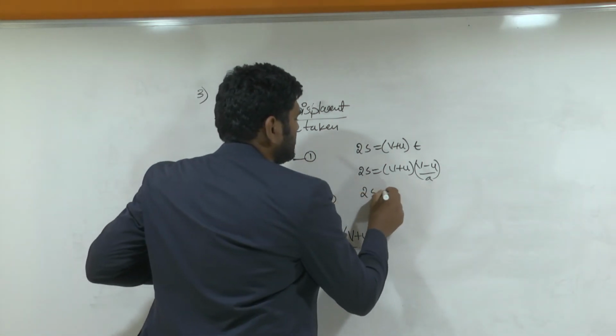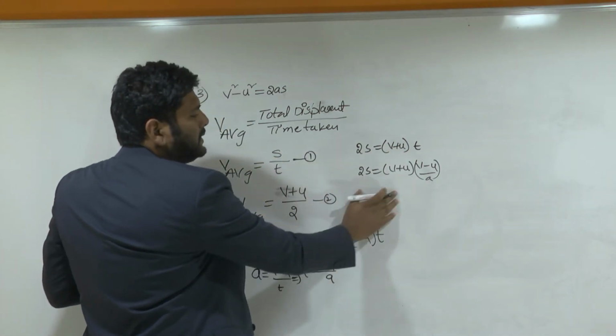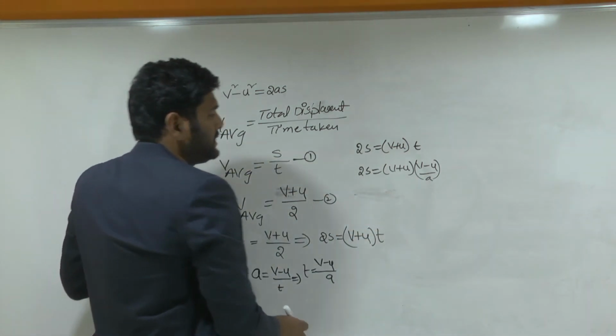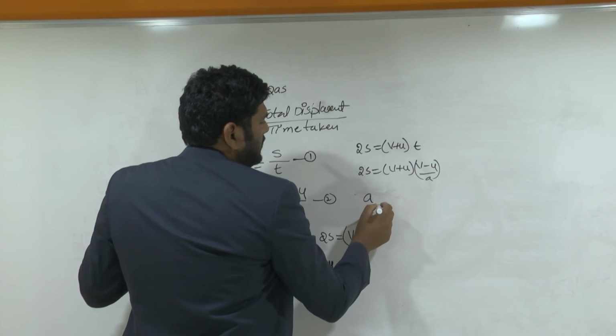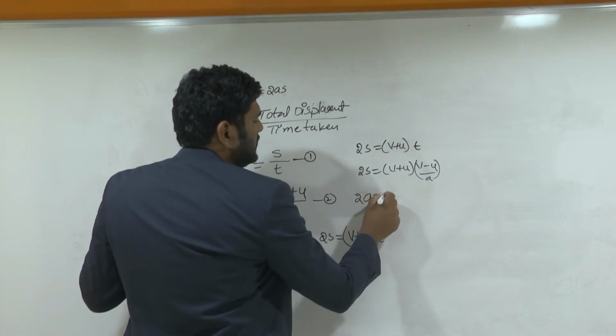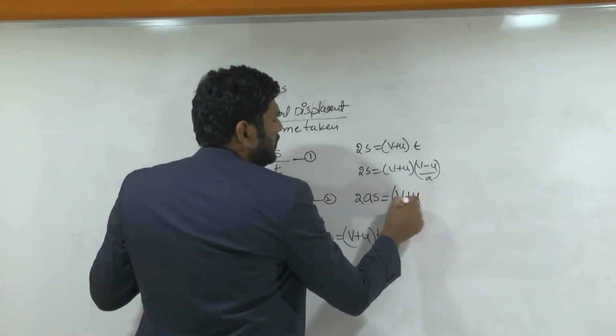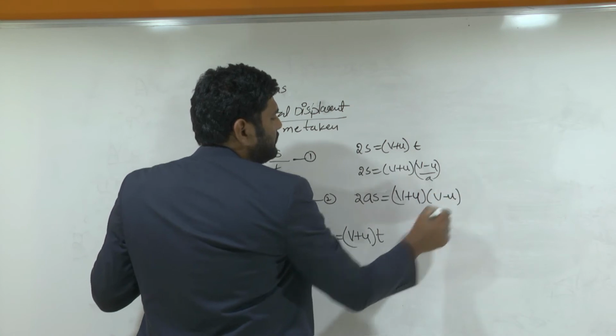Then bring the acceleration to the LHS side, that is 2as, and the remaining thing is v plus u of v minus u.